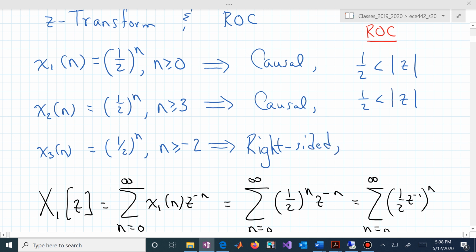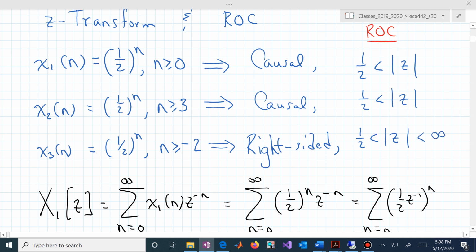If you look at what we need for the region of convergence, we will see that we need z to be bigger than 1/2. But because we have this sequence defined for a finite number of negative indices, we can't let the region of convergence go unbounded.